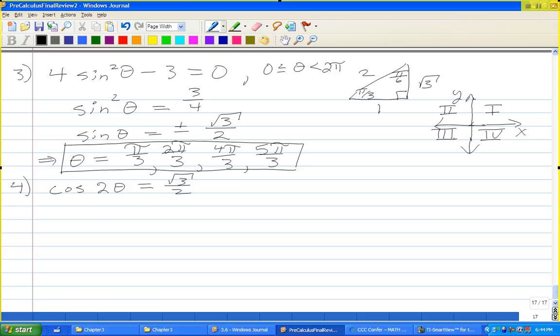So you want all of your thetas to be positive and less than 2 pi. Okay.